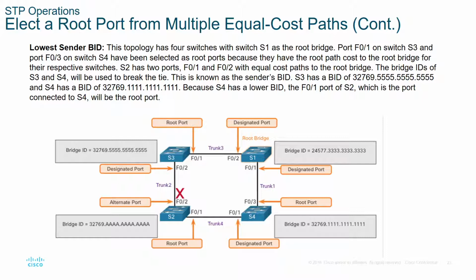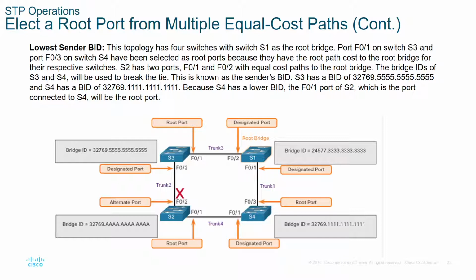S2 has 2 ports, Fast Ethernet 1 and Fast Ethernet 2, with equal cost paths to the root bridge. The bridge IDs of S3 and S4 will be used to essentially break the tie. This is known as the sender's bridge ID.